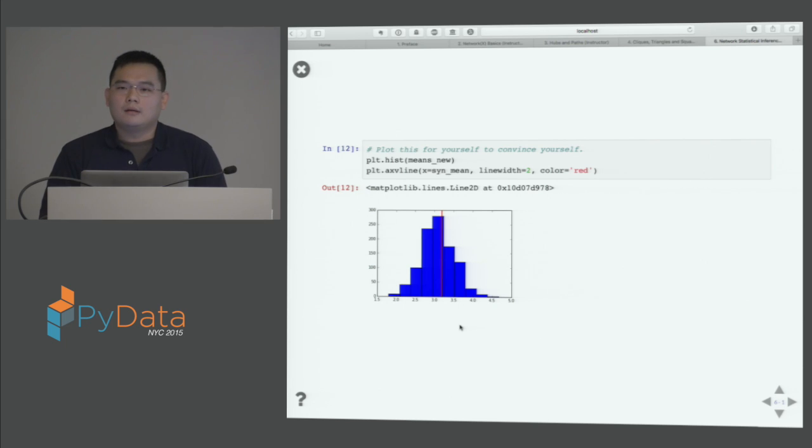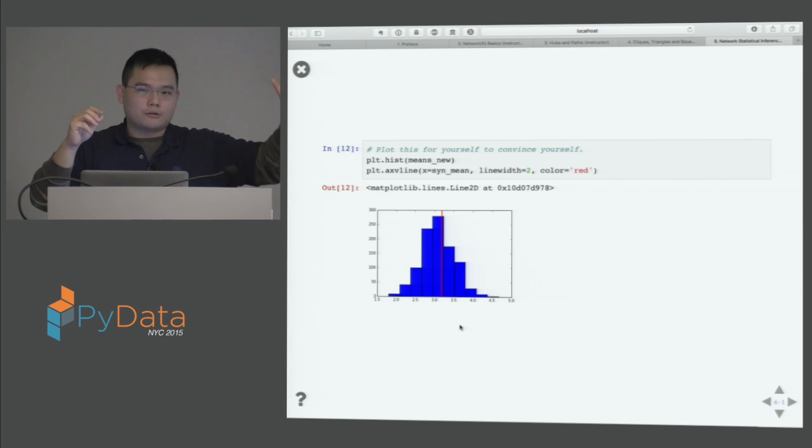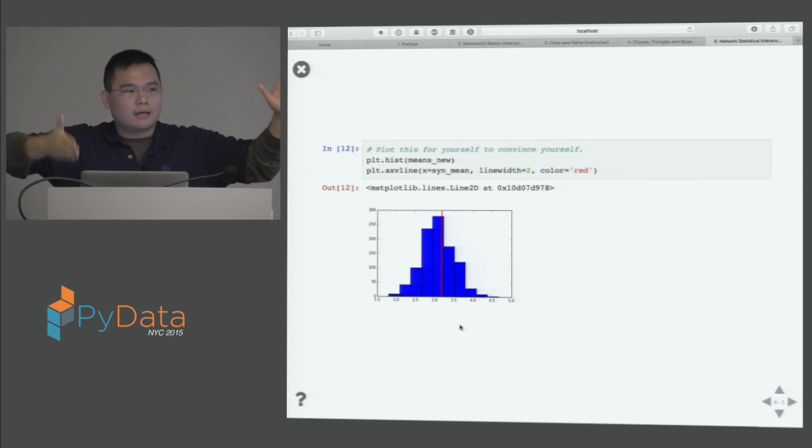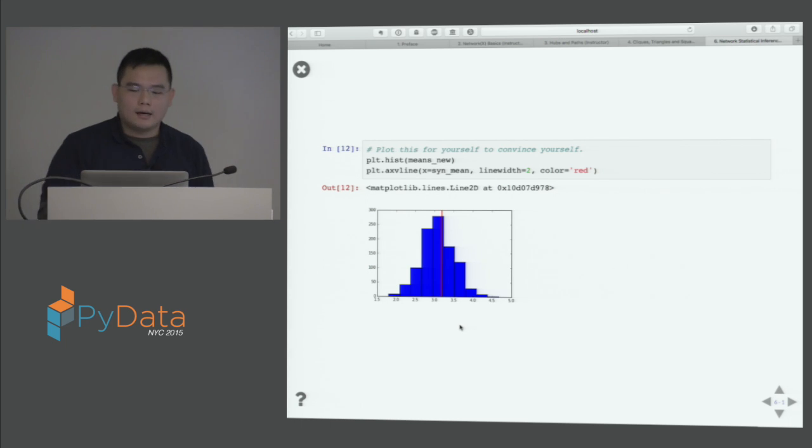And so what I'm hoping to convey to you all is that if you have a network and you want to calculate whether this network came from some particular model, go simulate 1,000 trials of that network and measure some statistic that you can compare, the distribution of the statistic between the simulated trials and the network data that you have on hand.